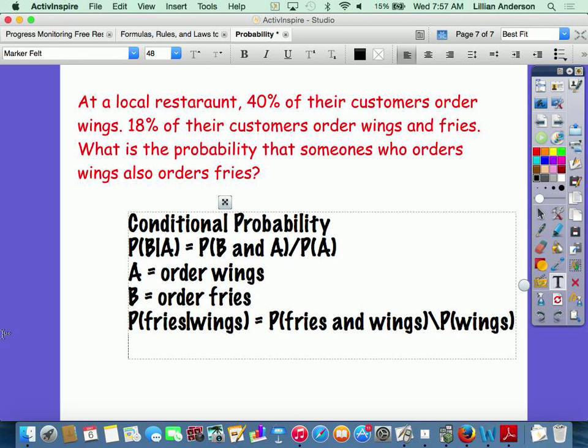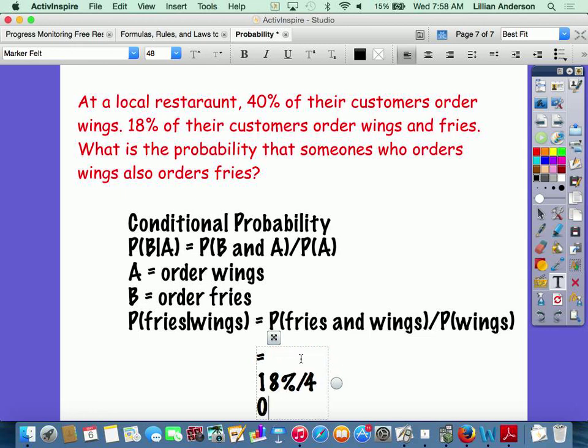So when we go to plug in, our probability that they order fries and wings is 18%. We divide that by, I just realized that's not division, that's a forward slash. Sorry, fix that. The probability that they order wings and fries is 18%, and the probability that they just order wings is 40%. We type that into our calculator.